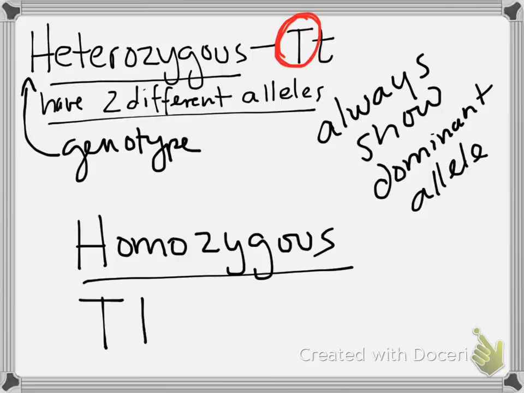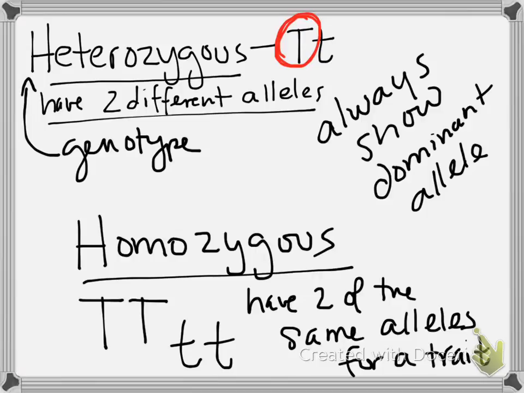I heard big T, big T. What's the other one? Little t, little t. So a homozygous individual has the same two alleles for a trait.